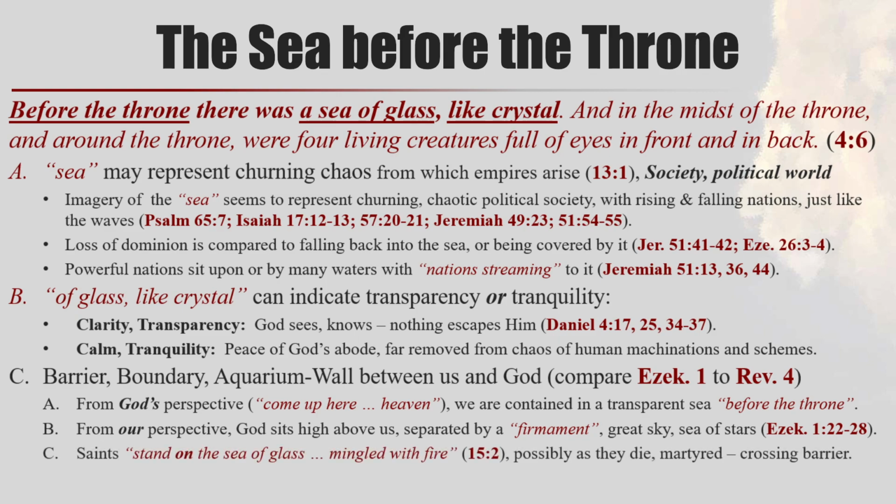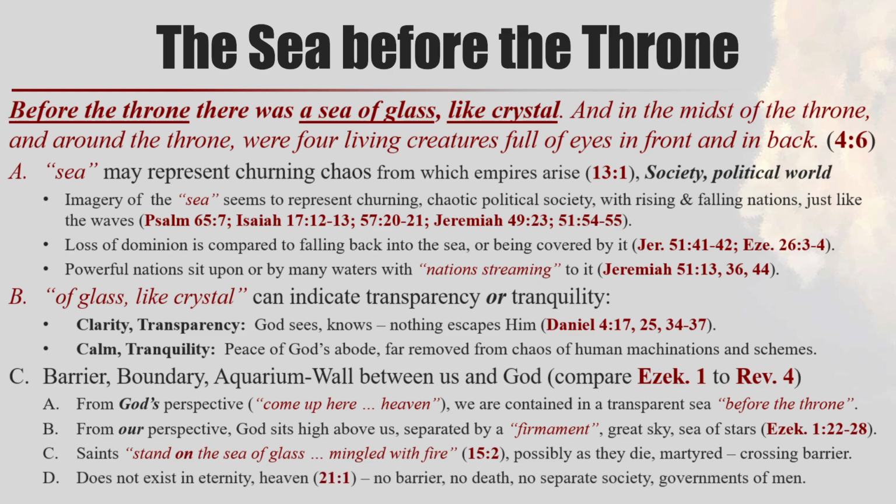The other thing that's interesting, there's two other references to the sea of glass in this book. In chapter 15, the saints are on top of it and it's on fire. And they seem to be leaving. So this could be the idea that they are dying, but they are dying and leaving in joy, singing as they go. And then by the time we get to 21, the sea is gone.